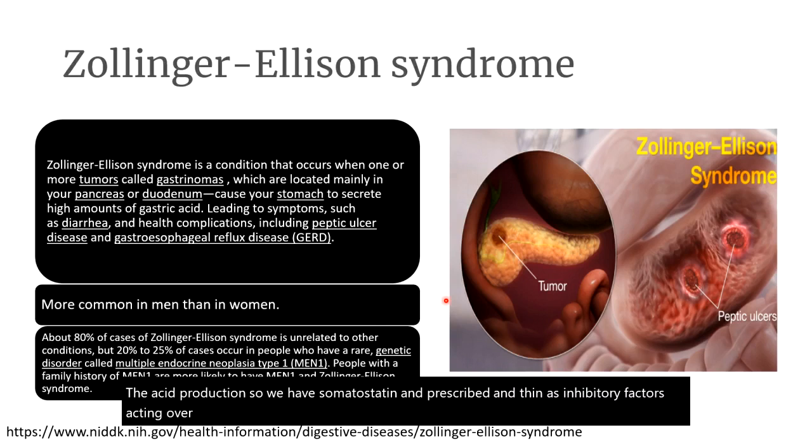So people with family history of MEN1 are more prone to have Zollinger-Ellison syndrome. It's also more common in men. So the mnemonic that I can use will be: Zollinger-Ellison syndrome is common in MEN1. It's more common in men with gene MEN1 mutation.